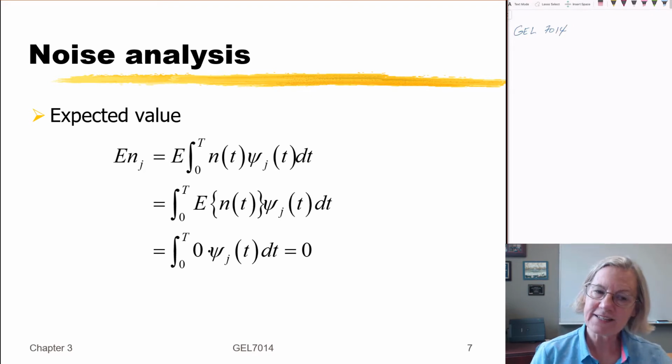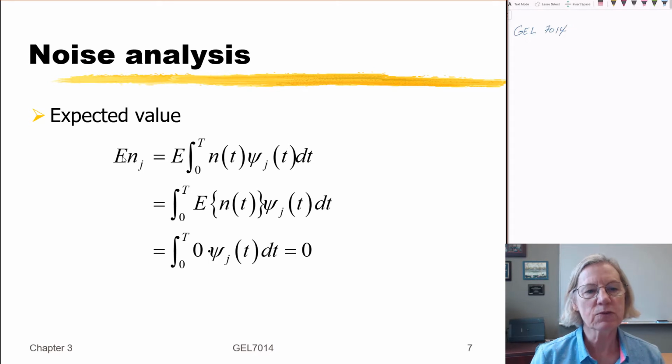It's deterministic, so it doesn't enter into the expected value. We're essentially just taking the expected value of our random process. But we have assumed that this is 0 mean, and so this coordinate in the vector must also be 0 mean. So it's Gaussian, 0 mean.